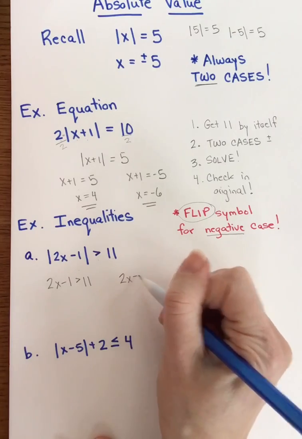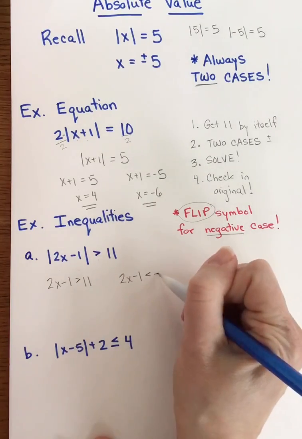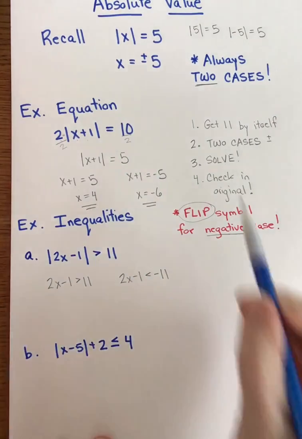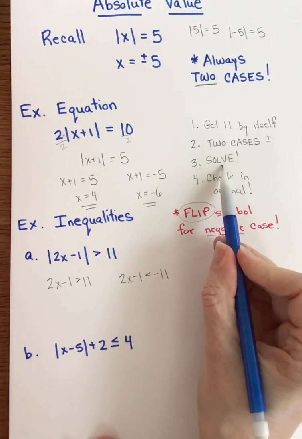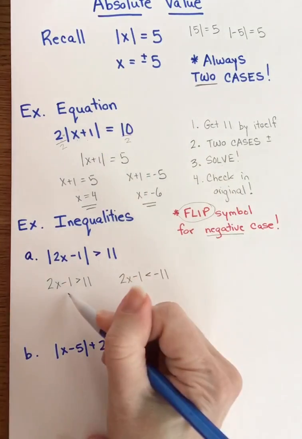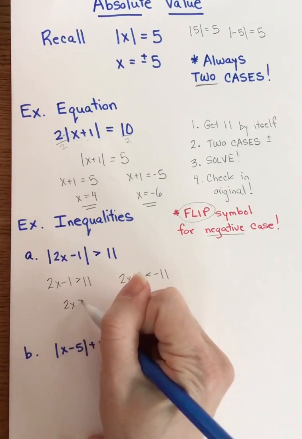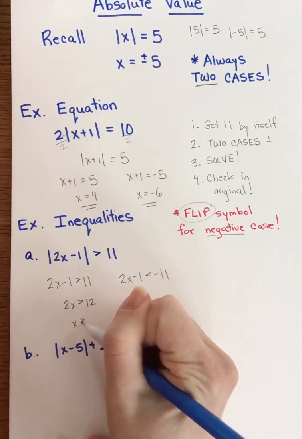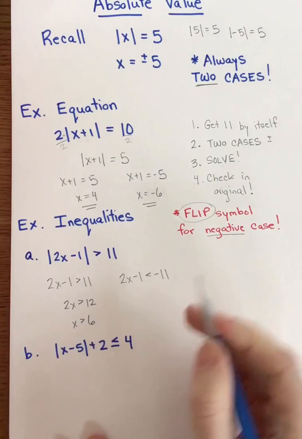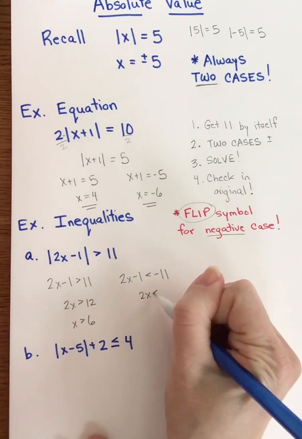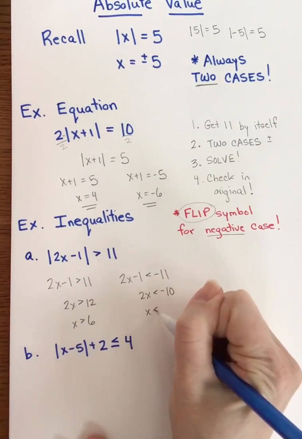So 2x minus 1 less than negative 11. I'm going to solve both of these just like I normally would with my inequalities. I add the 1 and divide by 2. Same thing here, I add the 1 and divide by 2.